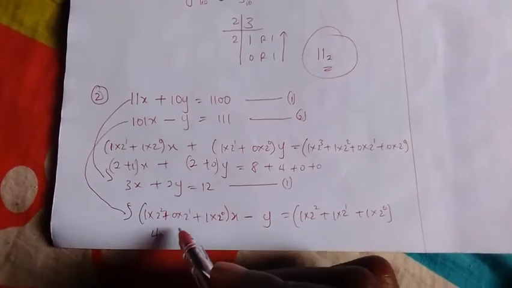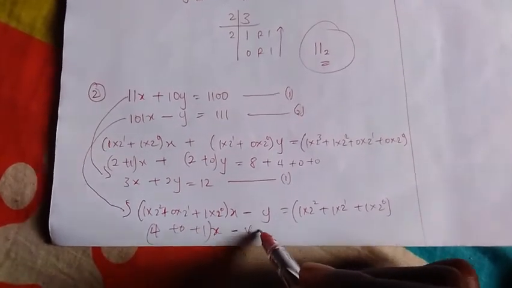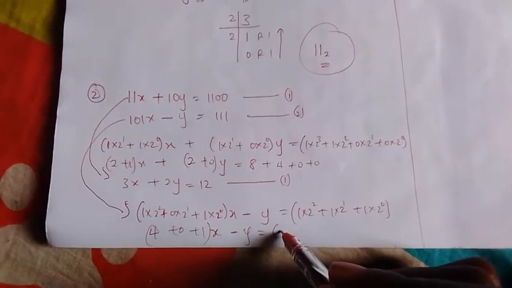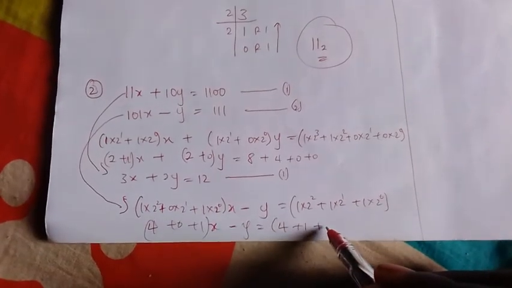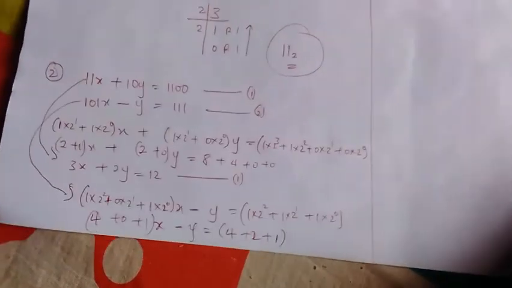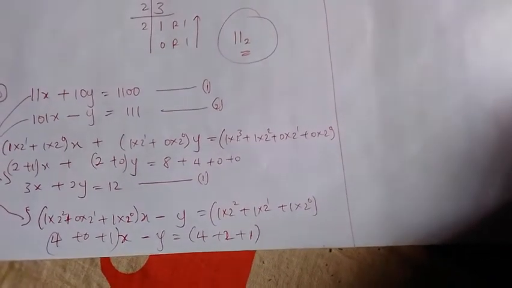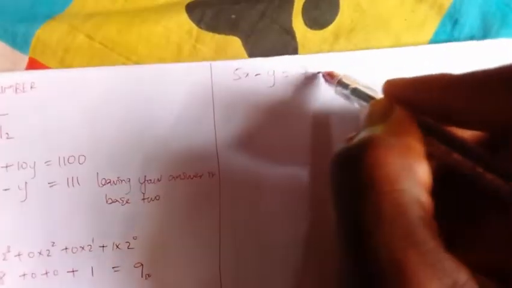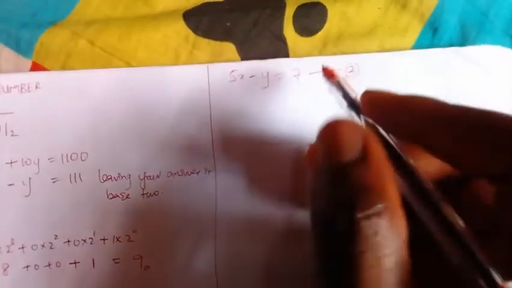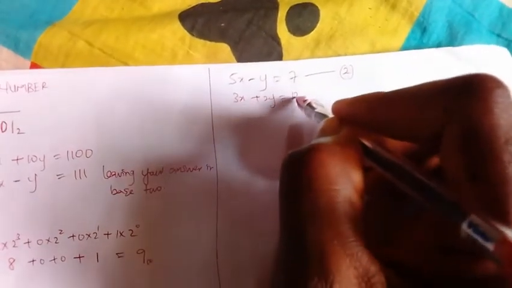This gives us 4 plus 0 plus 1, all times x, minus y, equals 4 plus 2 plus 1. So I now have 5x minus y equals 7. That is equation 2. Equation 1, bring it down, becomes 3x plus 2y equals 12.